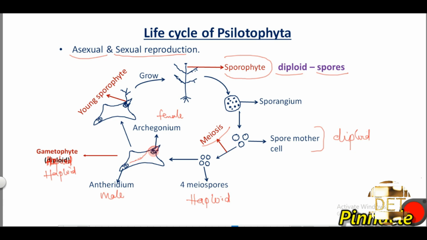After fertilization, a zygote is formed, and the zygote then grows into a sporophyte plant. This young sporophyte is dependent on the gametophyte for its nutrients. After some time, it grows, and then a full-blown sporophyte plant emerges.